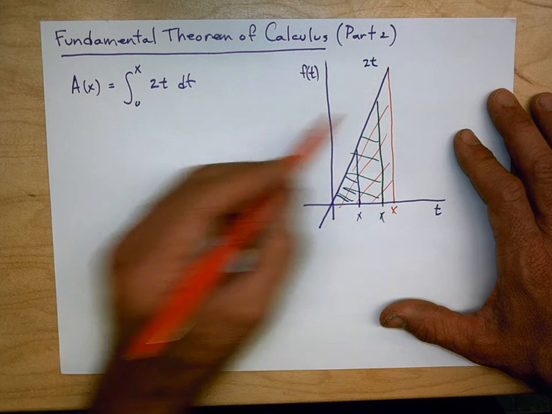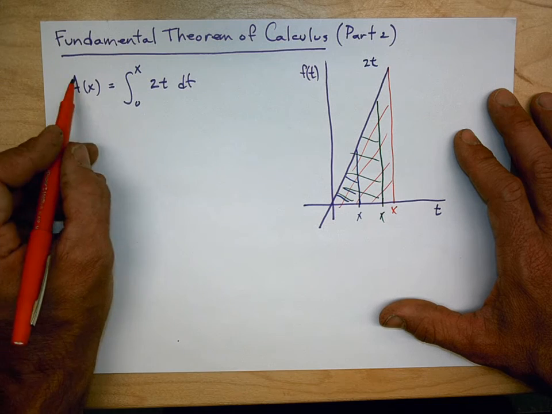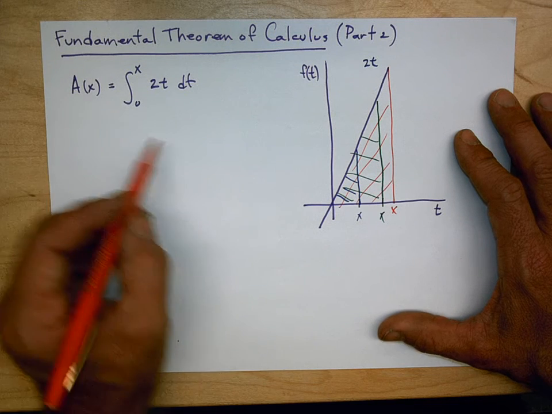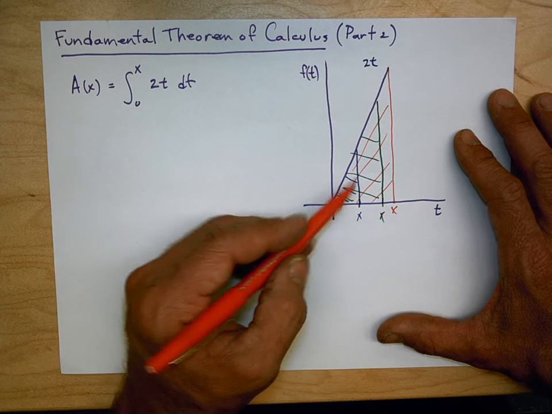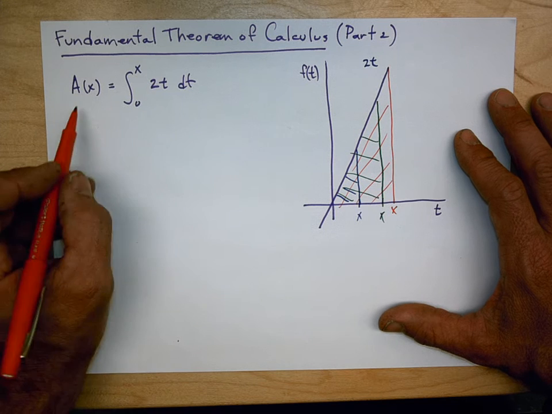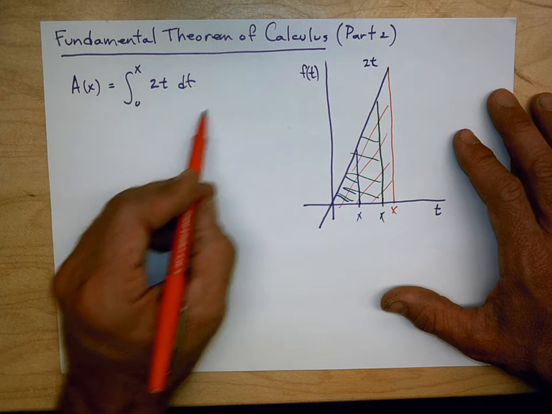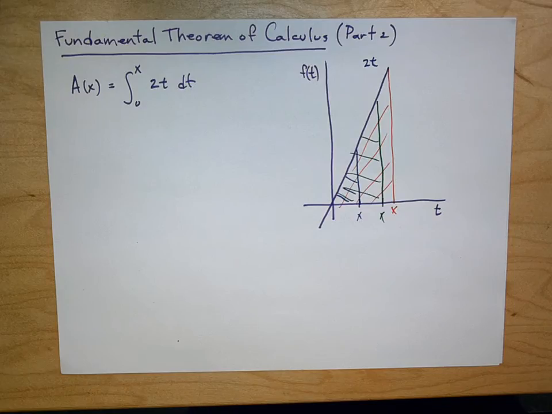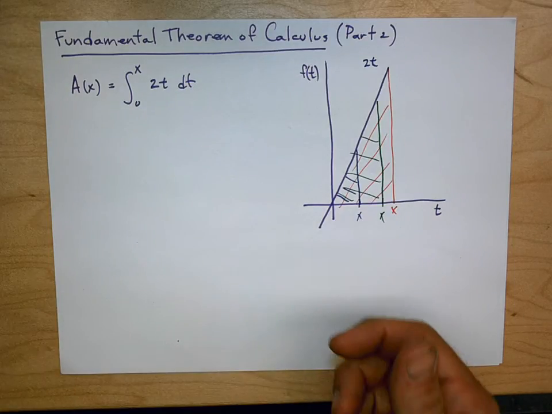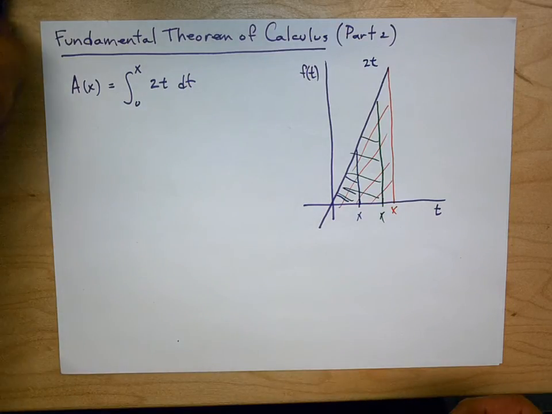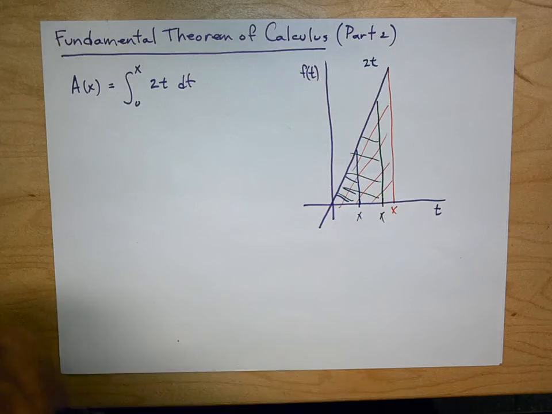The accumulated area, so you can think of A as standing for area or accumulated area. That's the way in which A depends on x, and we have this definite integral that actually defines a function of x.